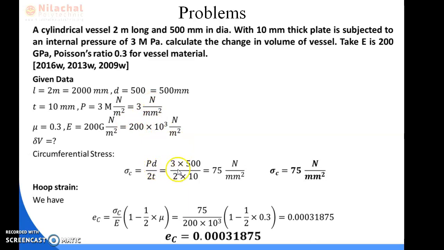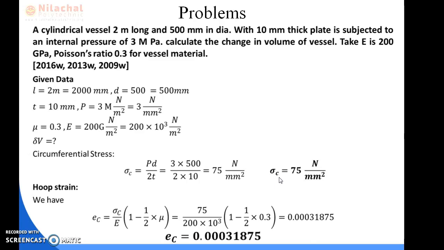For diameter it is 500 mm, so 3 into 500 divided by 2 into t, already given as 10 mm. So you can calculate this value. After calculation it is found that sigma c is equal to 75 Newton per mm square.